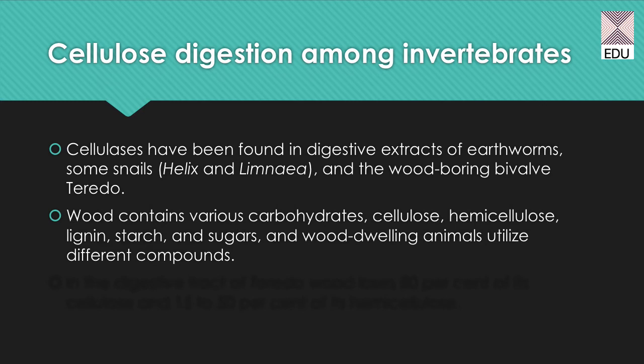The wood contains various carbohydrates of different types. It contains cellulose, hemicellulose, lignin, starch, and sugars, and the wood-dwelling animals which live in the wood utilize these different compounds.